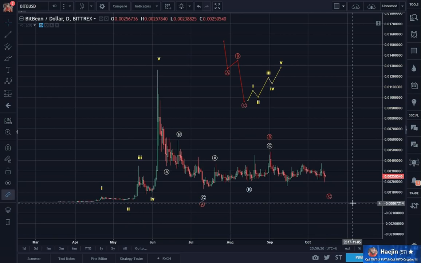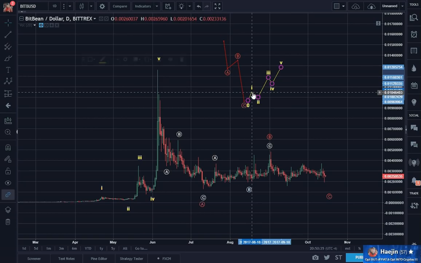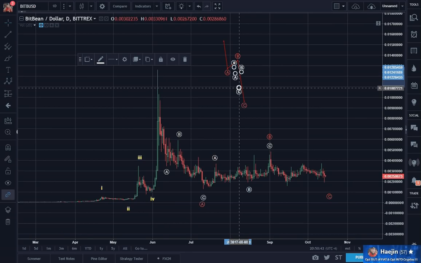And this wave C always has 5 waves down. Oops, no.